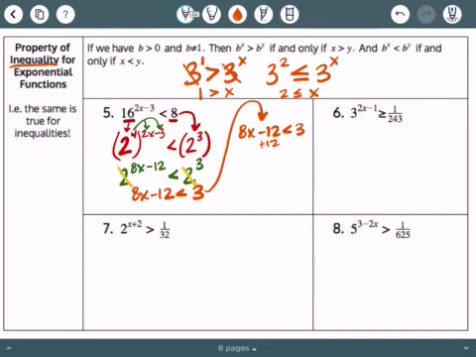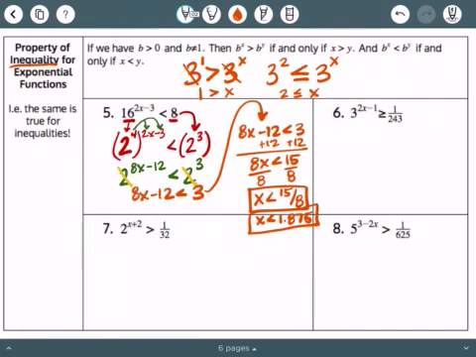I'm going to add 12 on both sides, which gives me 8x is less than 15. Divide by 8 on both sides. I get x is less than 15 over 8. If you like decimals, you can write x is less than 1.875. Do that on your calculator.